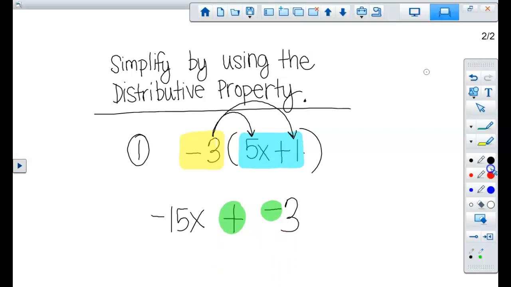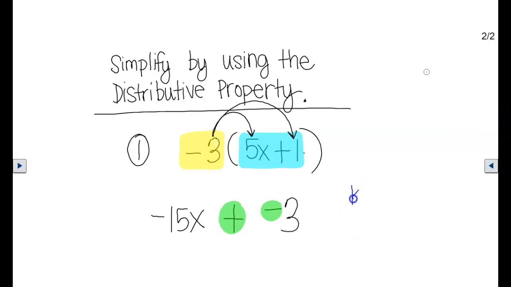So here's where we're going to fall back on something that you used a lot when you were in middle school. I would venture a guess that probably most, if not all of you, are familiar with the idea of keep it, change it, change it.